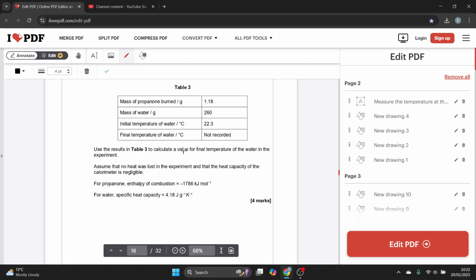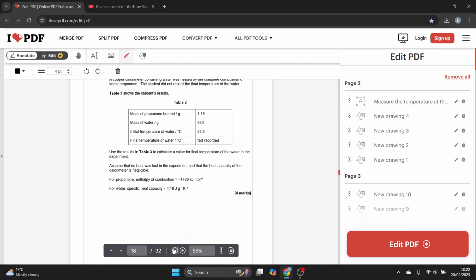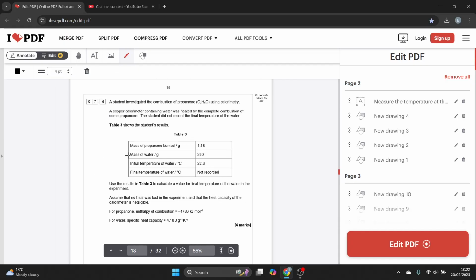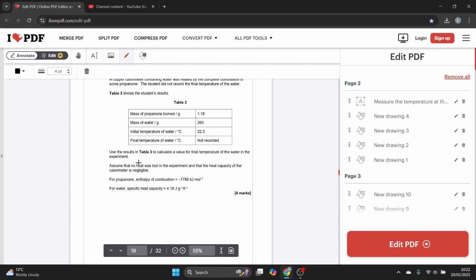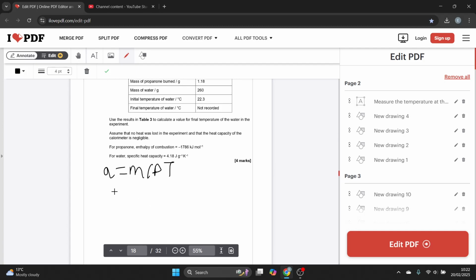Calculate the value for the final temperature of the water in the experiment. So Q equals mc delta T. Delta T equals Q divided by mc.